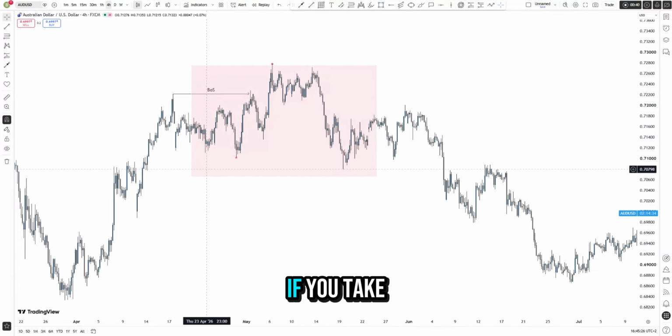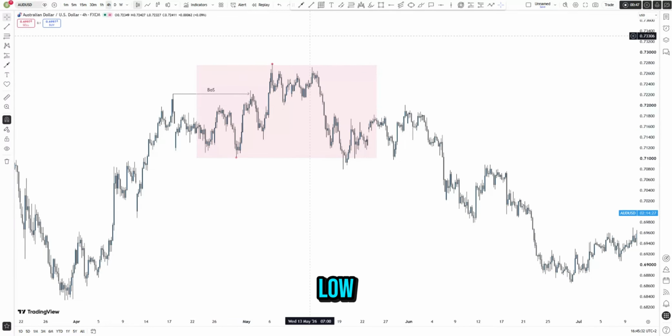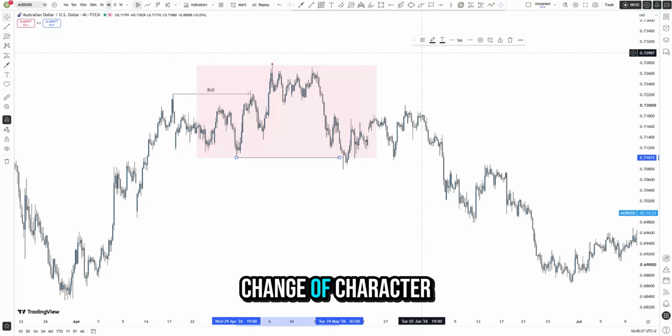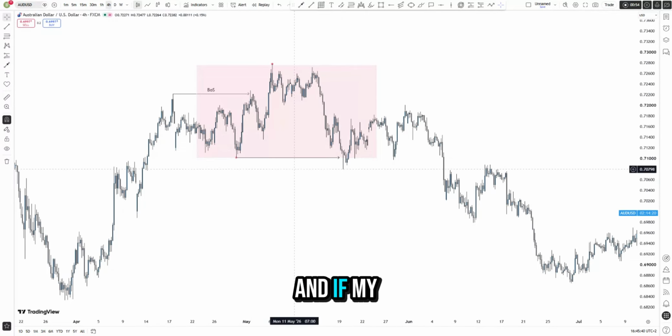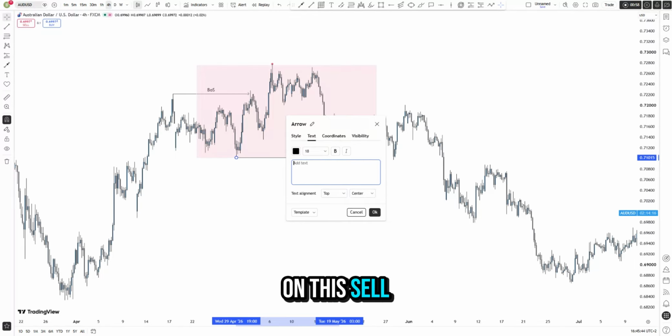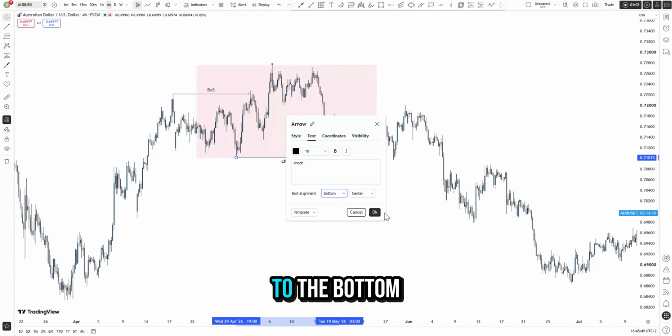But in this case, if you take this box here from the low to the high, you can obviously see that we took out the low around here. After taking out this low, we had a change of character, and if my memory serves me right, I did analysis on this sell opportunity right here. Let me just do this and to the bottom.